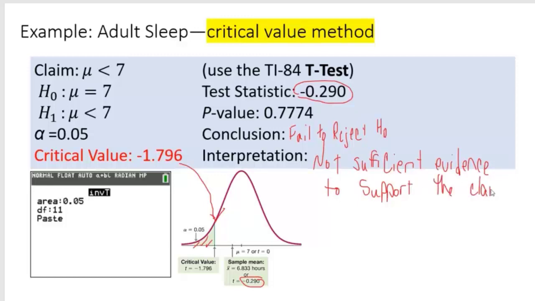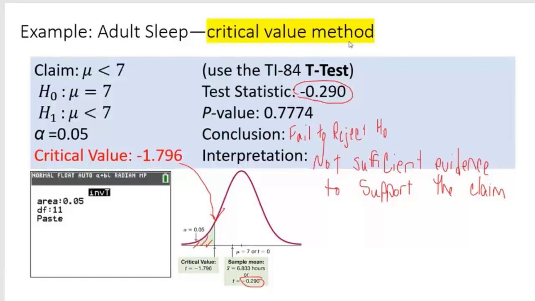And I'm going to stop right here because writing on this is such a pain, but if I were writing out a sentence in a report, I would say there is not sufficient evidence to support the claim that the mean for the adult population is less than 7 hours of sleep. So that takes us through the critical value method.